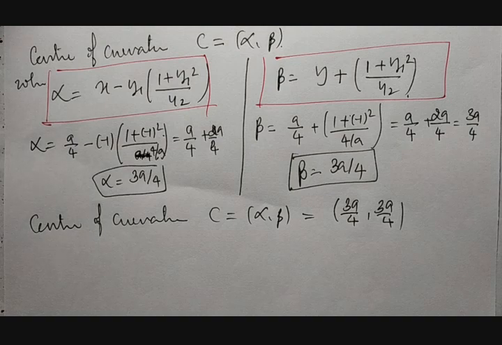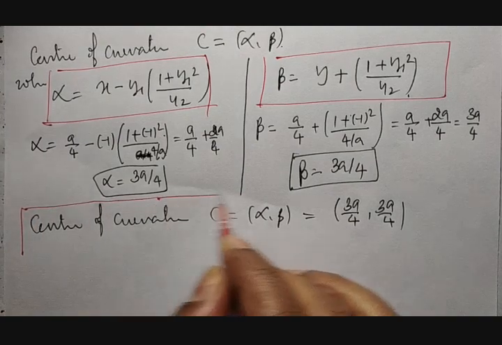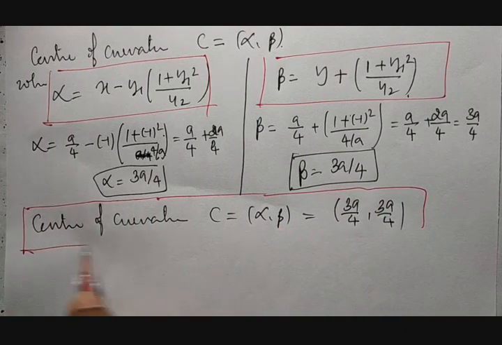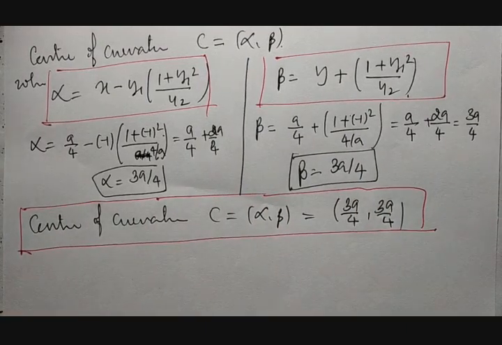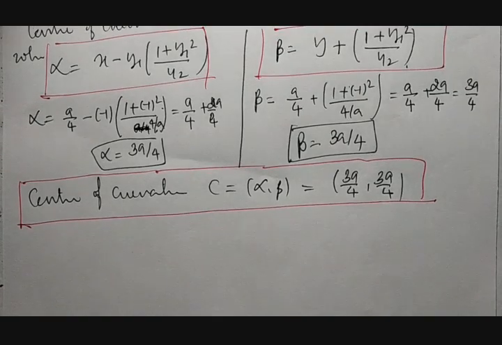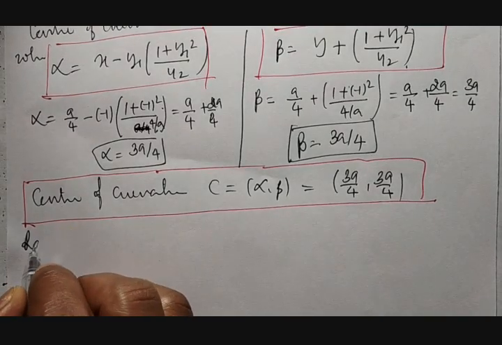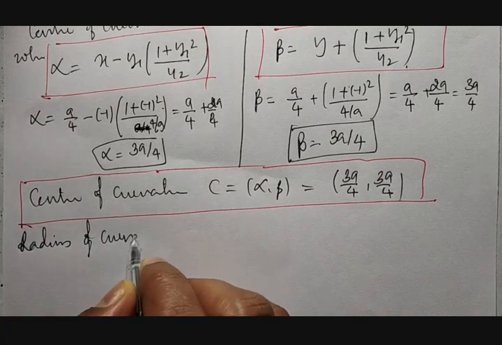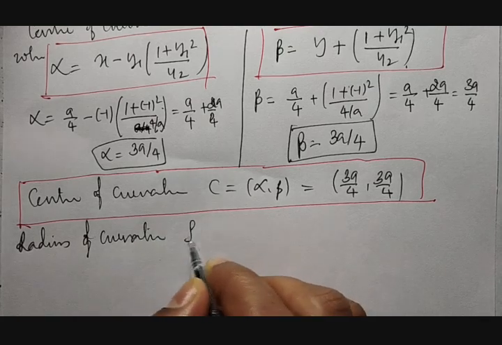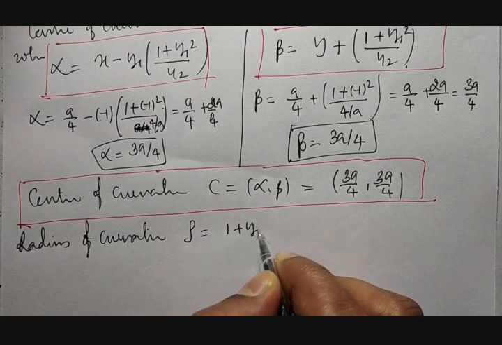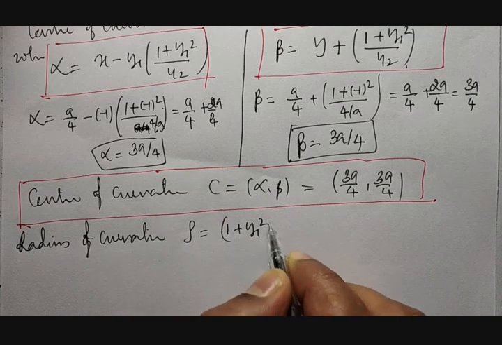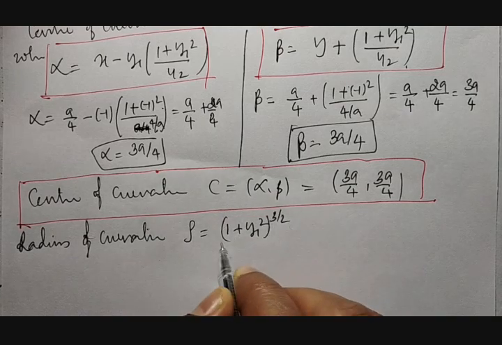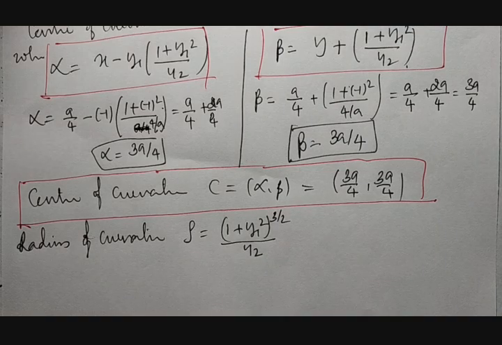So this is the value. Fine. Then we take the radius of curvature. Radius of curvature, rho, is equal to (1 plus y1 square) raised to 3 by 2 divided by y2.